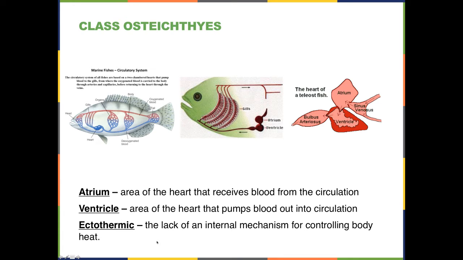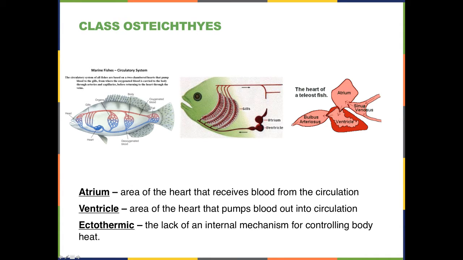Now here's the circulatory system for the fish. If we start over here, the heart of a fish has two chambers. It has a single atrium up here and a single ventricle down here.